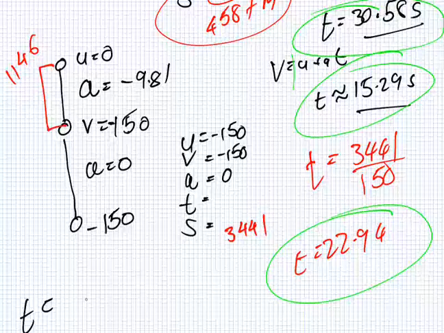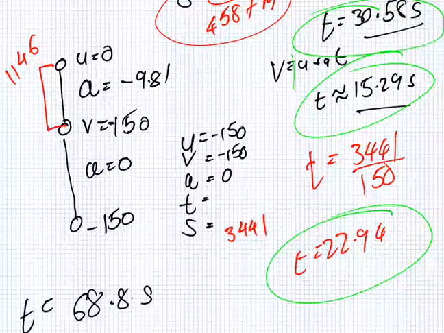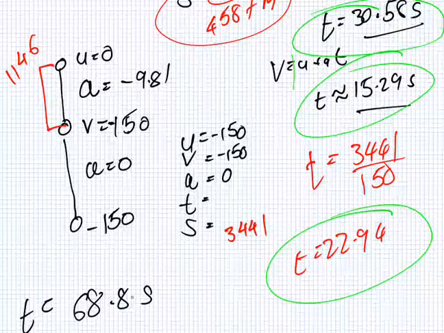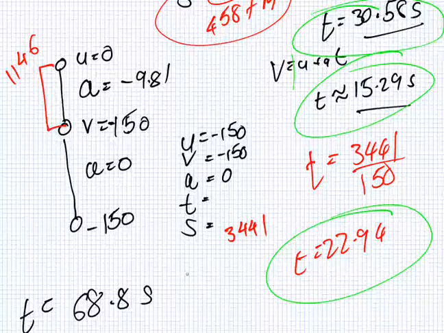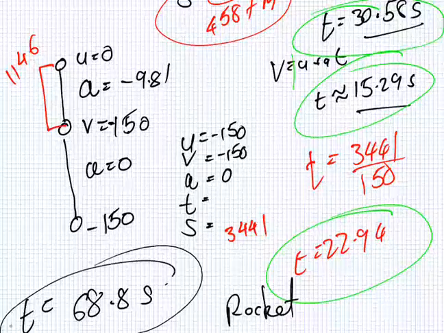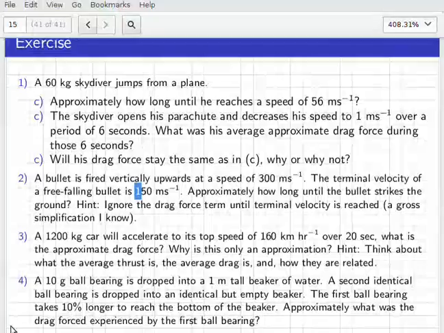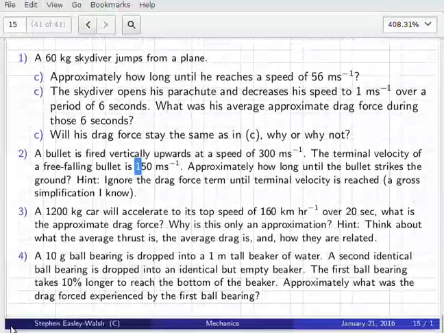No. v equals u plus at? No. s equals ut? It's not unsolvable, it's a little bit more difficult. I need to get the s for the whole fall, and then subtract the other one.